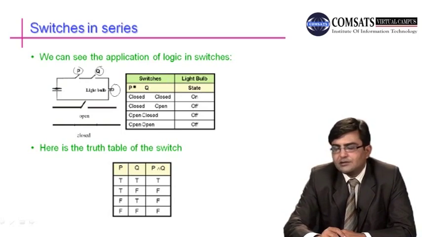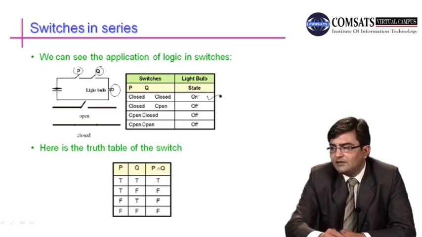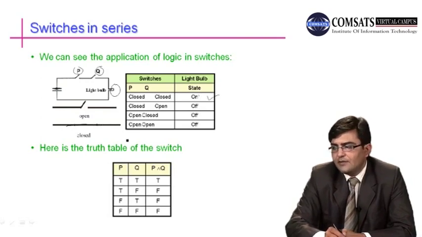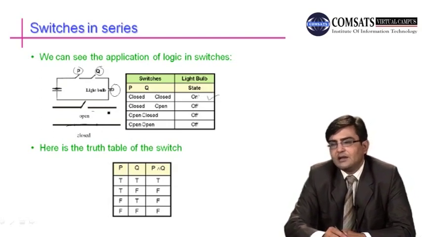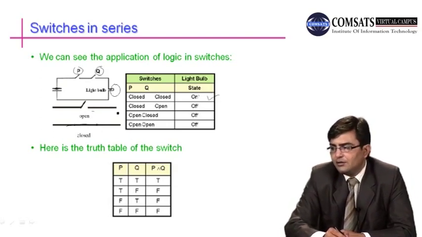Its truth table can be expressed as follows. We can see here the form of a switch when it is open like this, and when it is closed like this. If closed, the current passes through this wire and the bulb turns on. If the switch is open, the current cannot pass through this point, and the bulb cannot be turned on.